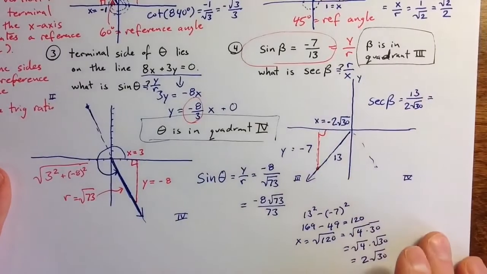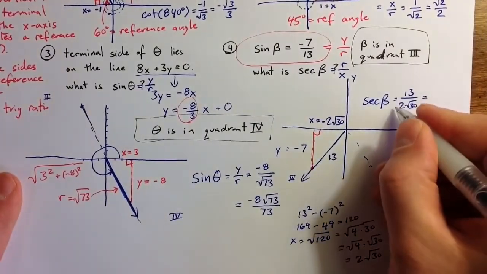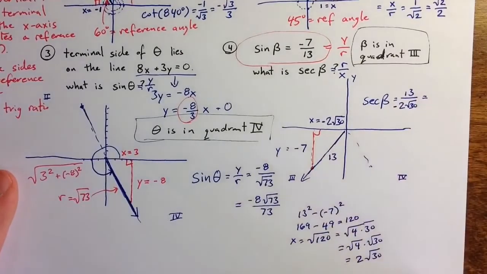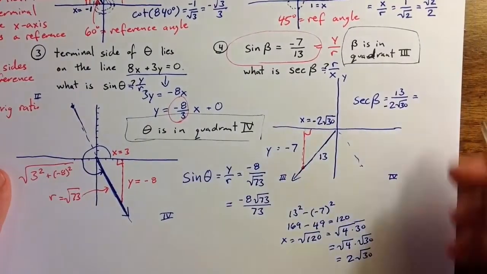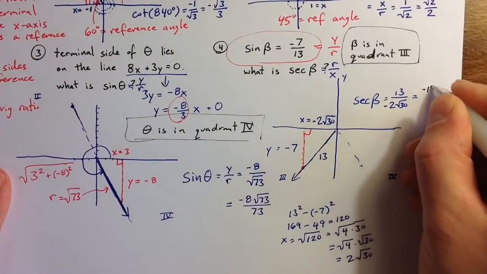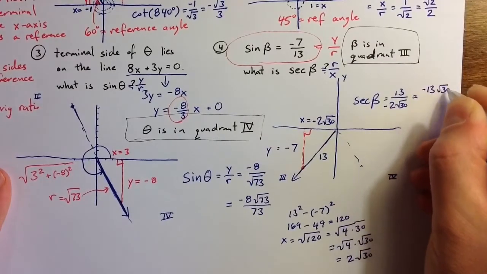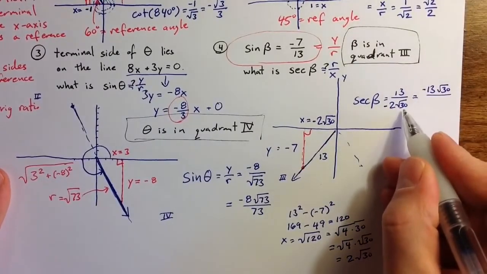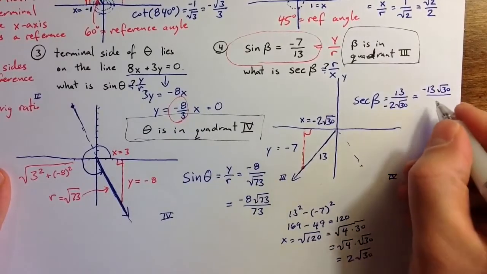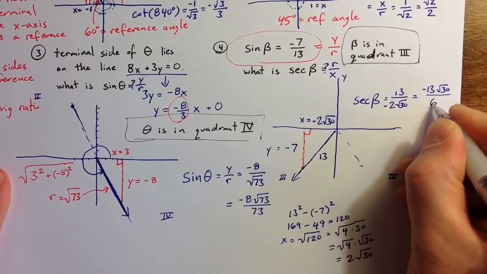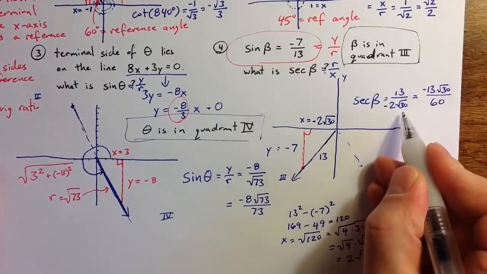I'm sorry, that should be a -2 square roots of 30. Rationalizing the denominator, we can think of this as -13 square roots of 30 over, if I multiply the bottom by the square root of 30 as well, I get a 60. 2 times the square root of 30 squared.